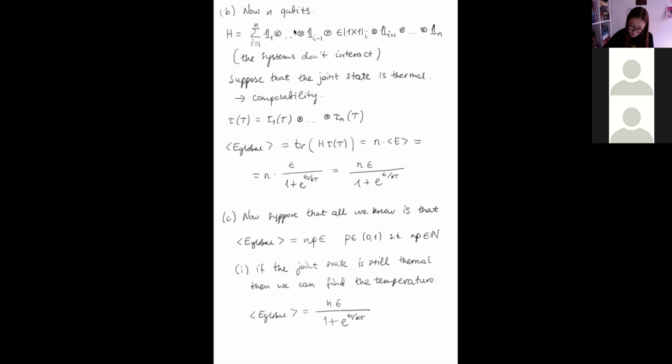And what you need to do here is just equate it to np epsilon. And then you can express T as a function of n, this p. Let's say just p because n is kind of fixed. So it's going to be some natural logarithm. I'll let you do it yourselves.